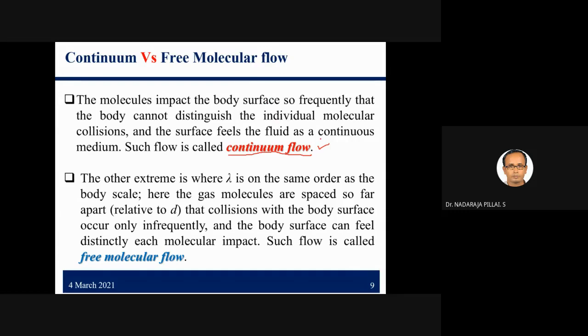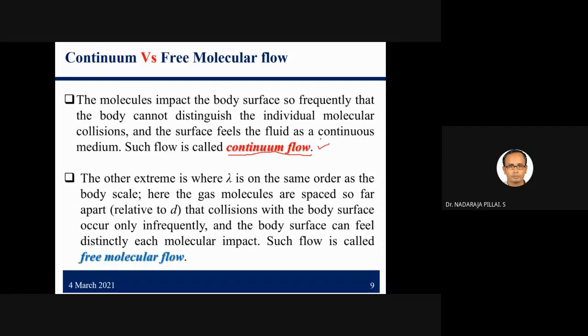Then what happens if the fluid molecules come and hit one by one, right? If fluid molecules hit the body continuously, the body feels that the fluid is very much continuous. But what happens if they come and hit one by one?